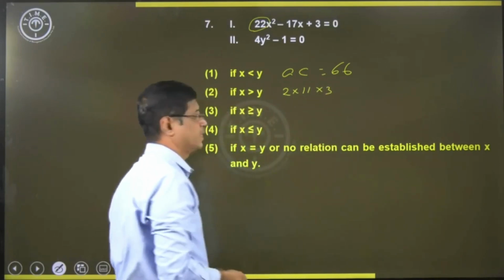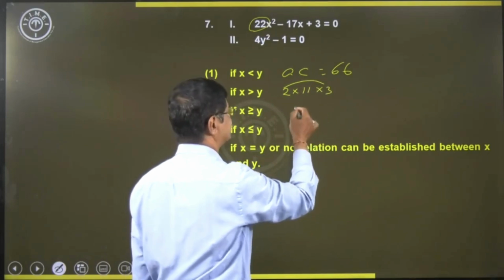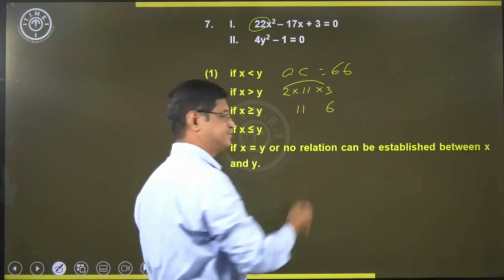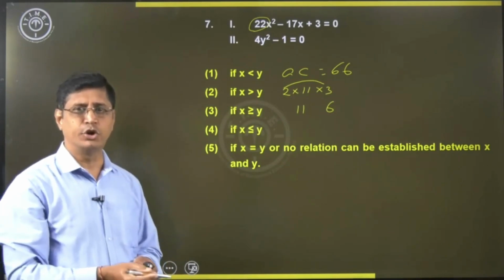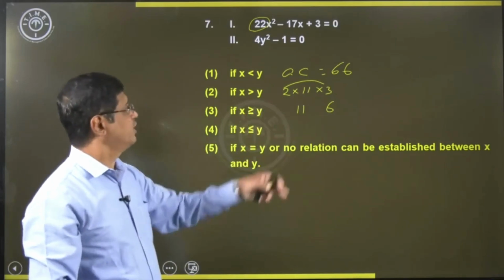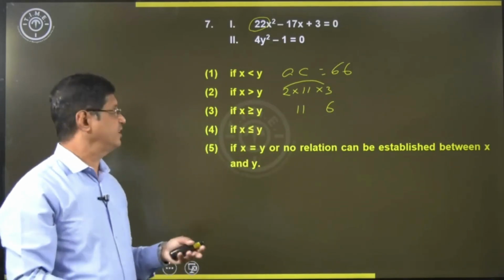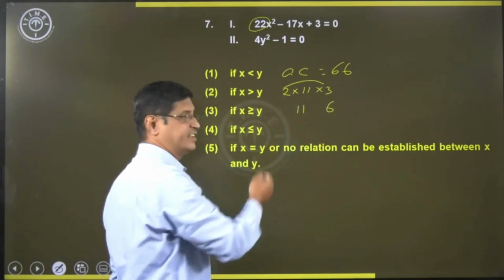Just observe. I am expressing 22 as a product of two numbers, 2 and 11. Now 2 into 3 is equal to 6. 6 and 11 gives 66. 6 plus 11, that is 17.